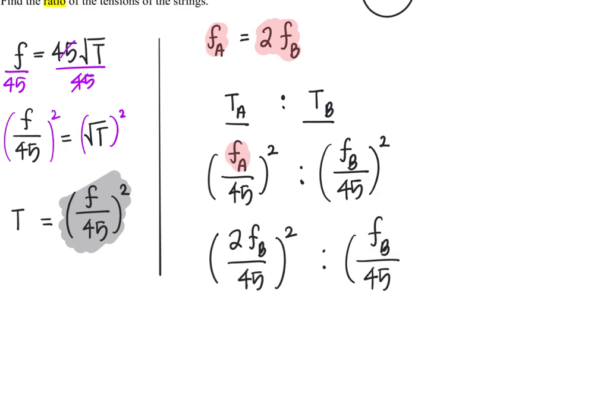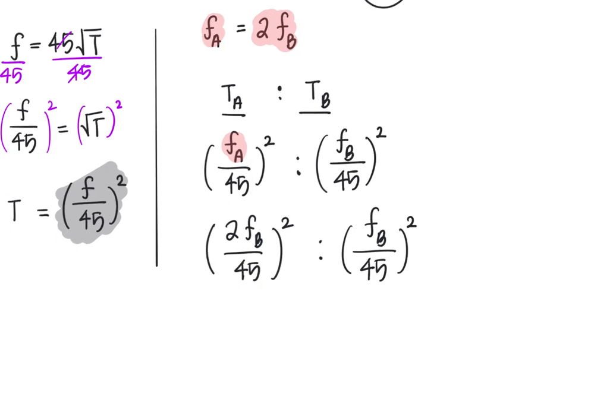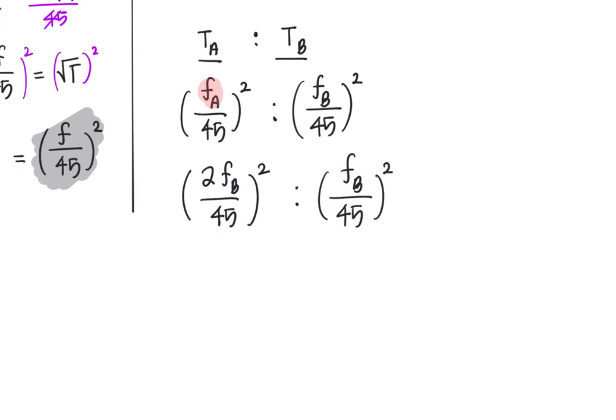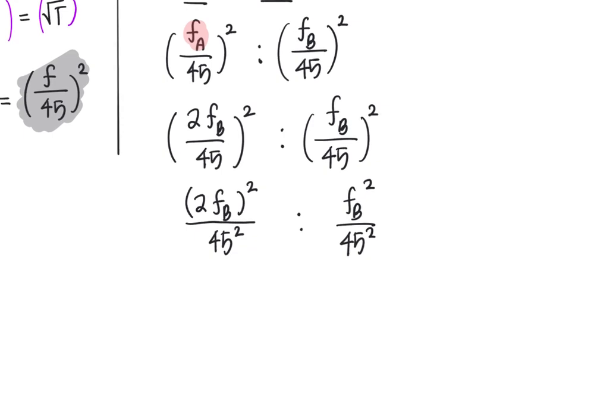And there's a reason for that. You will later on see why Mr. Tan did this intentionally. So now, our job is to further simplify these expressions. So, 2 times frequency B squared over 45 squared. The other side I also replicate that. Then for my next step, for those who might wonder, I'm going to break it down further. 2 frequency B, bracket squared, is actually 2 frequency times 2 frequency.